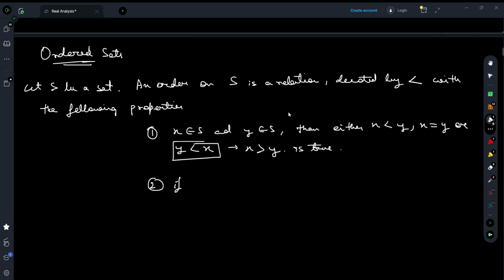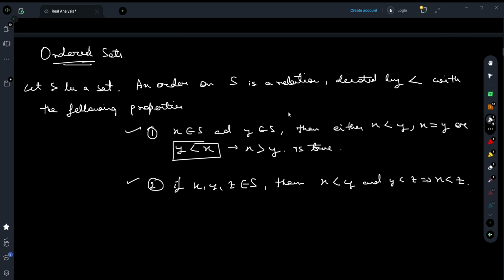Number two is that if x, y, and z are in S, then x less than y and y less than z implies that x is less than z. So these two properties are obeyed, and then we say that the relation is called an order.